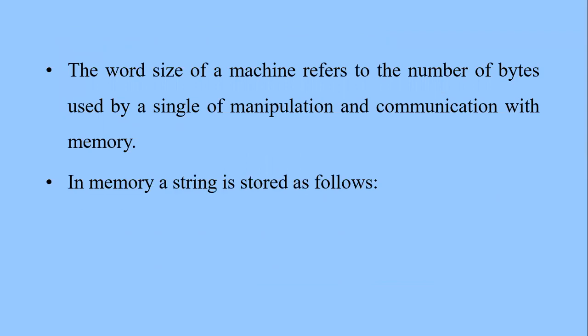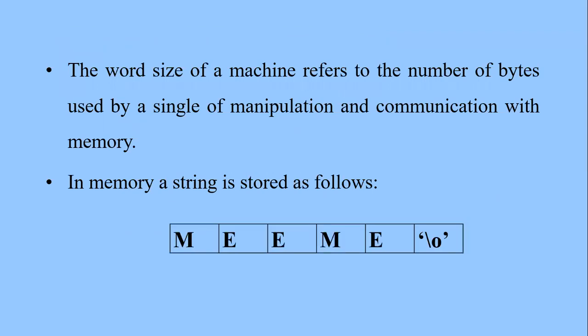In memory, a string is stored as follows. For example, if you want to store our string being meme, which is an array of characters, each section of memory is allocated a single character, but they are combined together to form a word, or what we call word size.